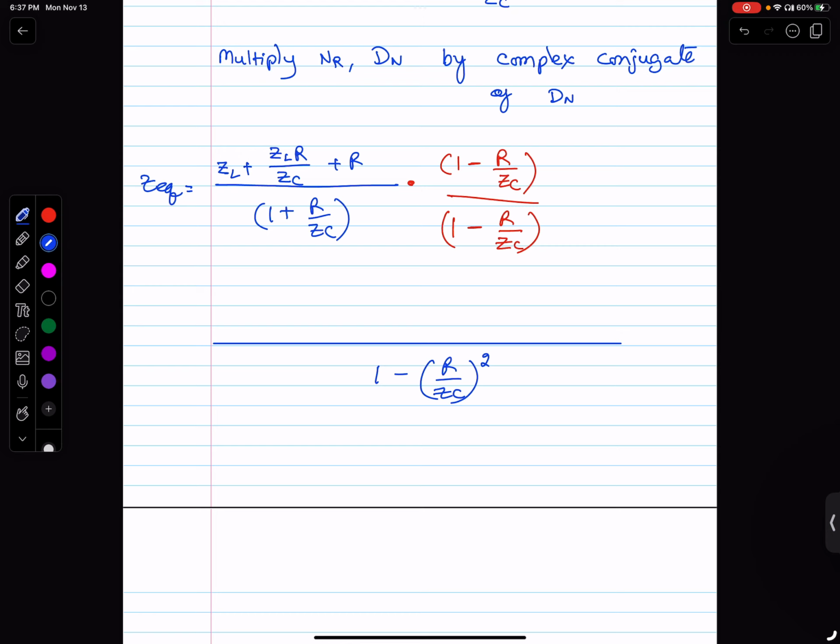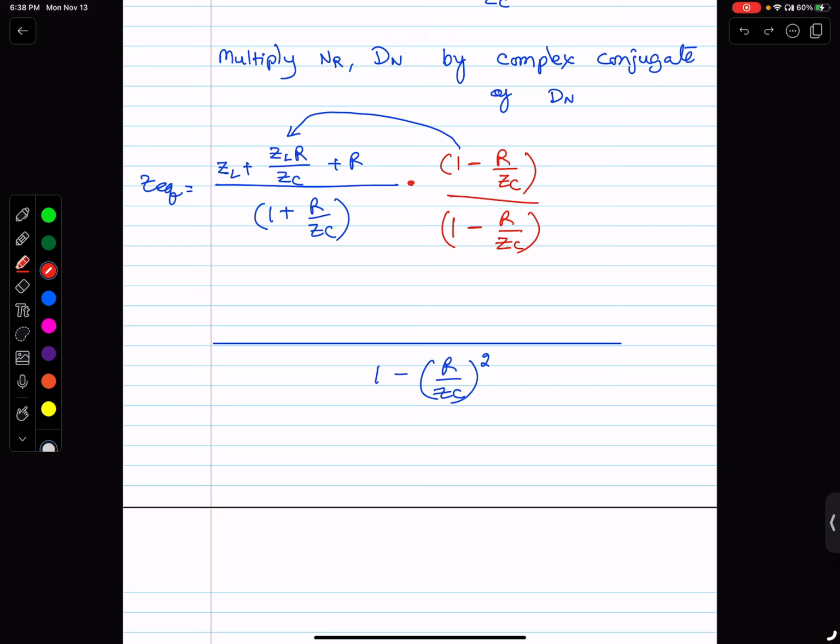Okay, let's see. Now what I have here is, you see, multiply this one with all of these terms. You have ZL, so pay attention, all of these multiplied by 1 will give you what?